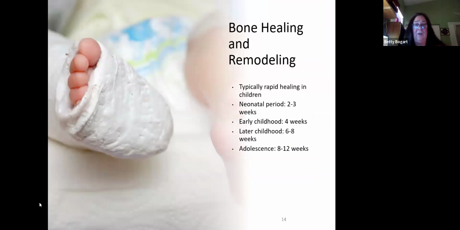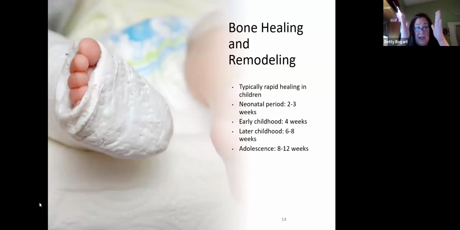When we look at the neonatal period, which is the first 28 days of life, and this is significant with club feet, we can put casting on these children immediately at birth, as soon as we see club feet. And because they are molding so easily at this young age, we need to get it on quick.